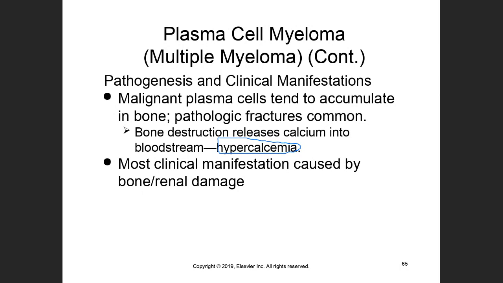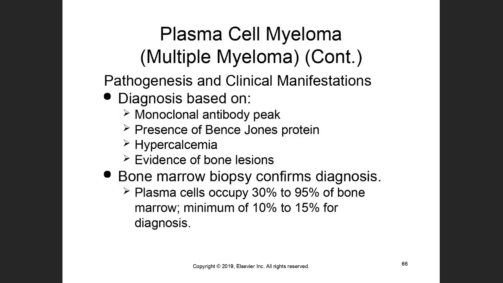When you have an X-ray, you are going to see black points in the bones. Prognosis and clinical manifestation: prognosis is based on monoclonal antibody peak, presence of Bence Jones protein, hypercalcemia, and evidence of bone lesion. Bone marrow biopsy confirms the diagnosis.